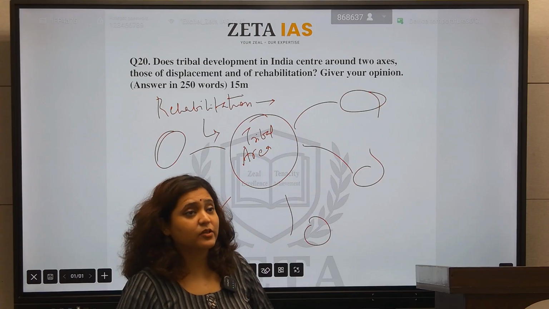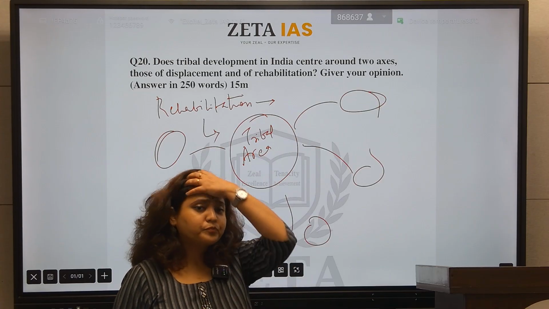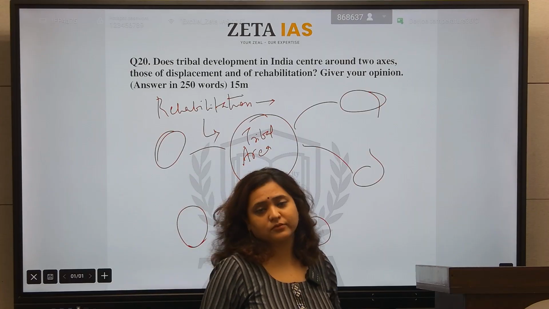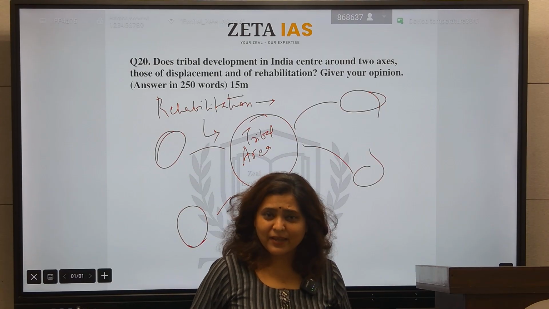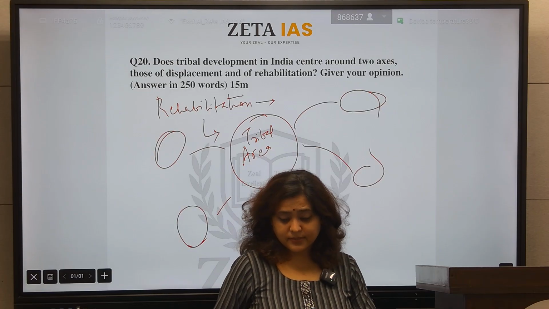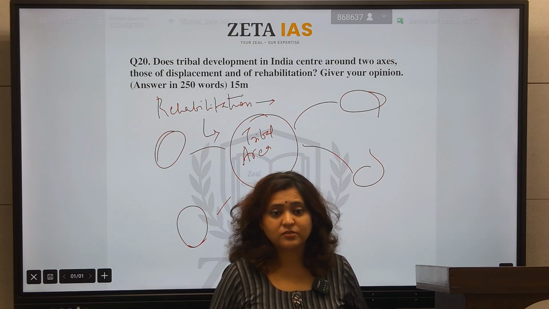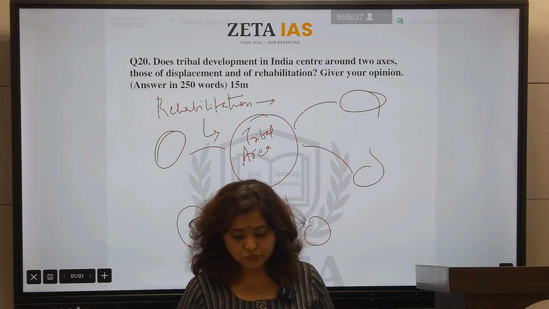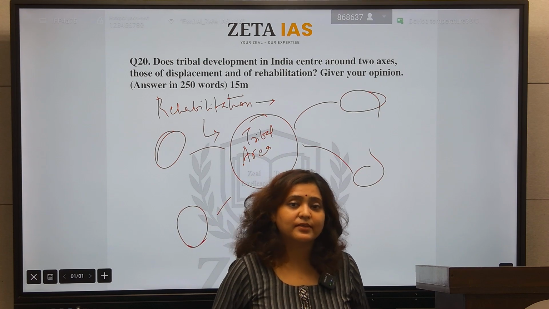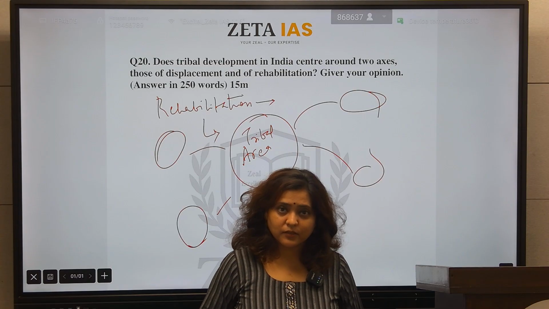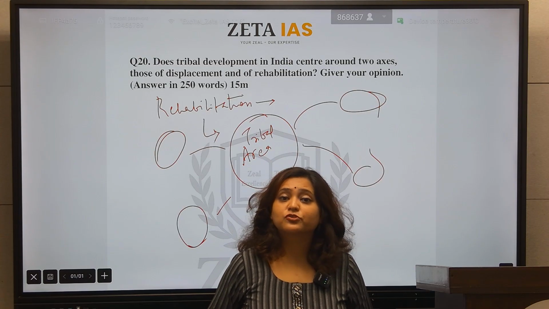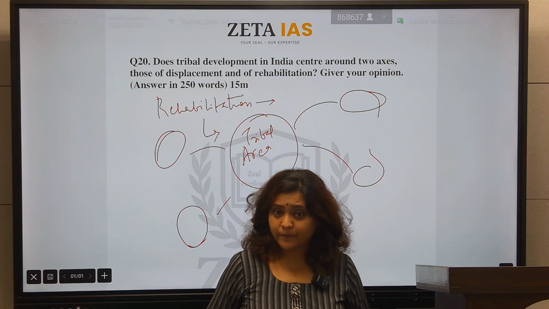The government has made a lot of effort to help tribal people maintain a balance between displacement and rehabilitation. So first in line is this Act. The second is PESA, the Panchayat Extension to Scheduled Areas Act, which mandates the Gram Sabha's consultation for acquisition of land in a scheduled area.